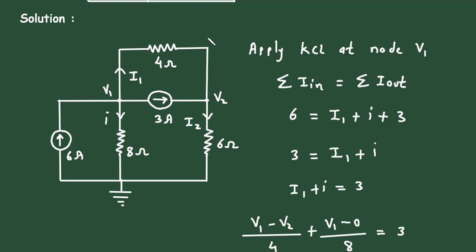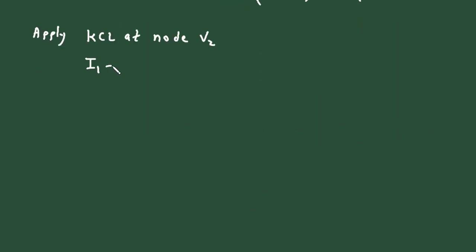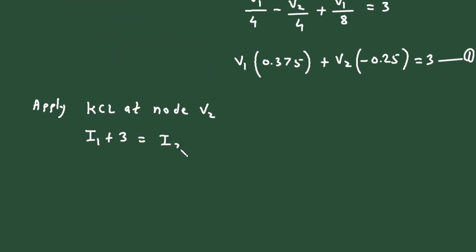Here we can see the entering currents are I1 plus 3. So I1 plus 3 is equal to the leaving current. Here the leaving current is only I2.